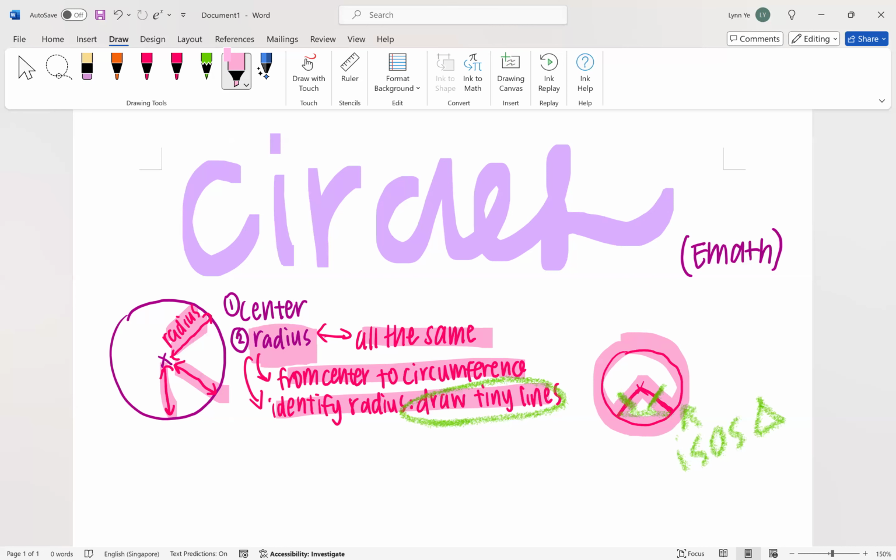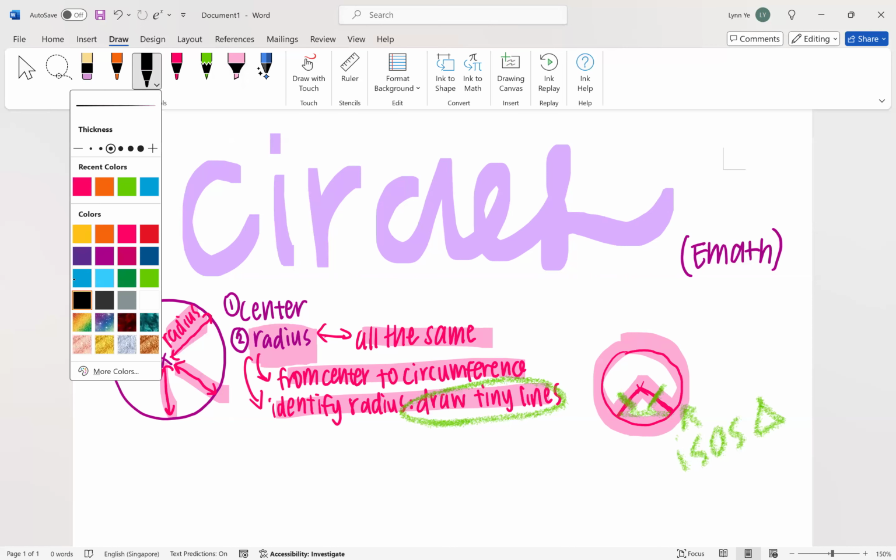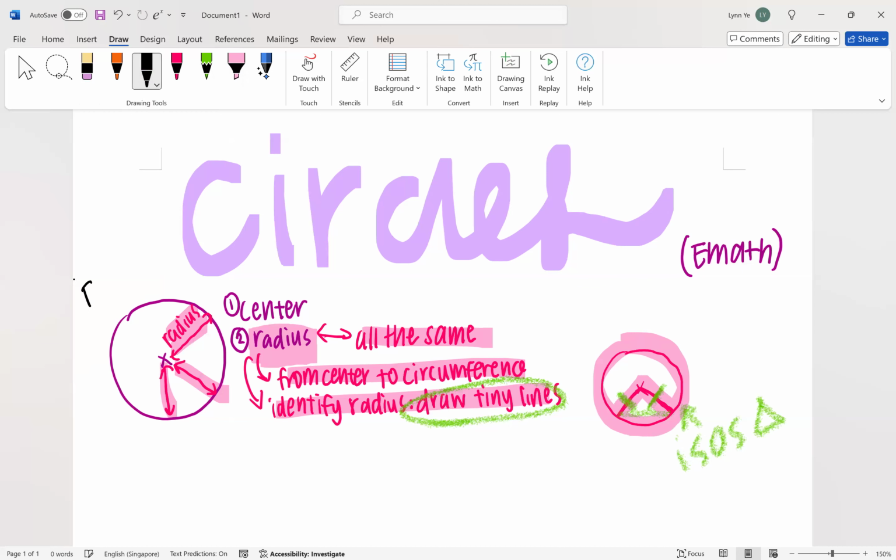So here, purple and pink. So this is the fundamentals of circles. Once you understand the fundamentals of circle, I'll go through the next fundamental. So write my black pen first. So this is under fundamental number 1. Next, I'll go through fundamental number 2.